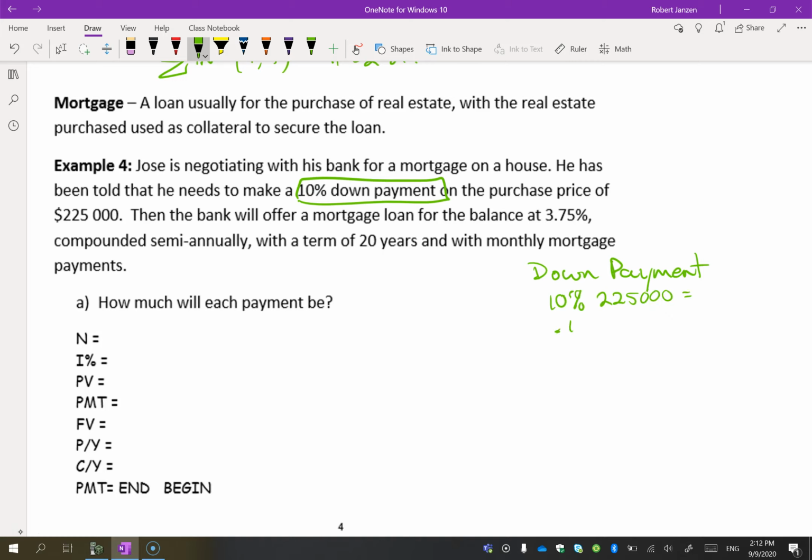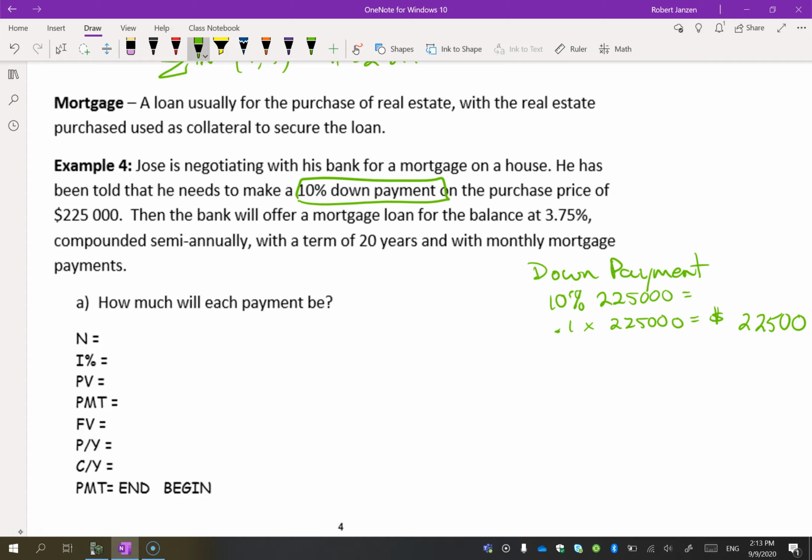Well, this is 0.1 times $225,000, and that's going to be $22,500. So that's what you need to come up with.